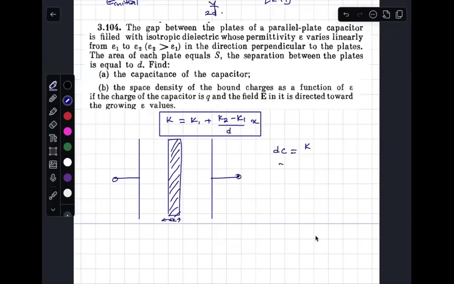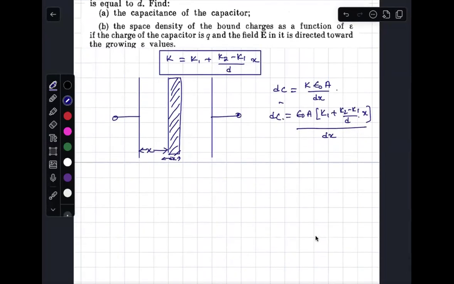K at that position, because this is at a distance x. K at that position, epsilon naught A by dx, which means epsilon naught A times K1 plus K2 minus K1 by d times x, by dx. Can you please help me how those elements add from x equal to 0 to x equal to d?